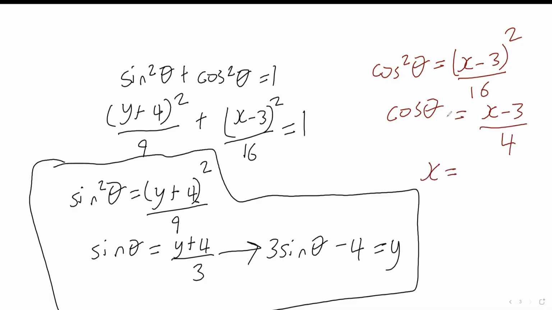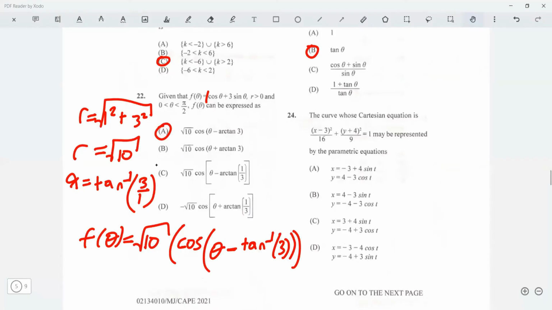And so x is equal to 4 cos theta plus 3. So to write it together, x is 4 cos theta plus 3, y is 3 sine theta minus 4.